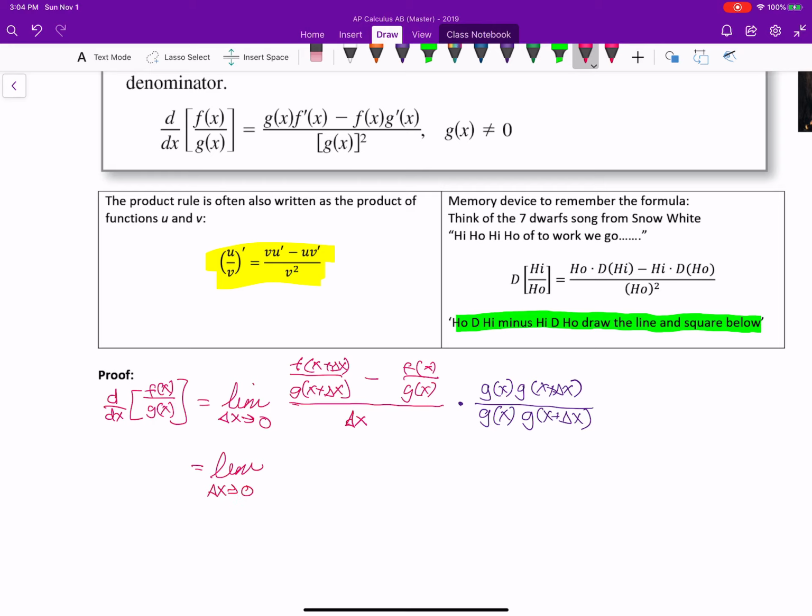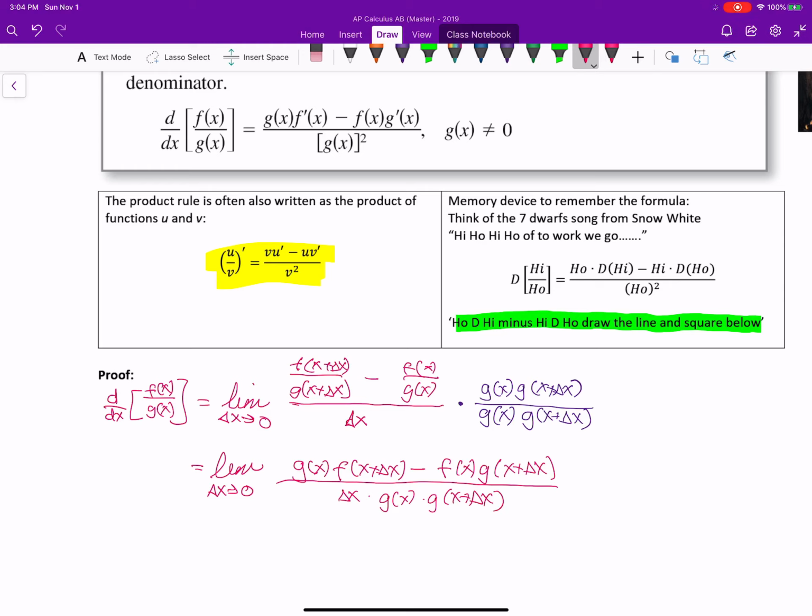So first we end up with g of x times f of x plus delta x when I distribute in the numerator, minus f of x times g of x plus delta x, all over delta x times g of x times g of x plus delta x.